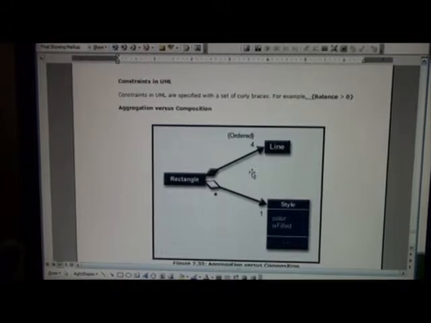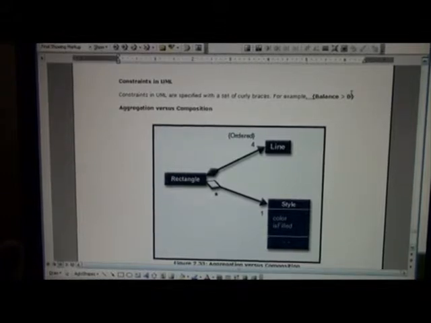To represent constraints in UML, we might use curly braces such as balance must be greater than 0. Also, we use curly braces to show comments. And so here's an example of aggregation versus composition.